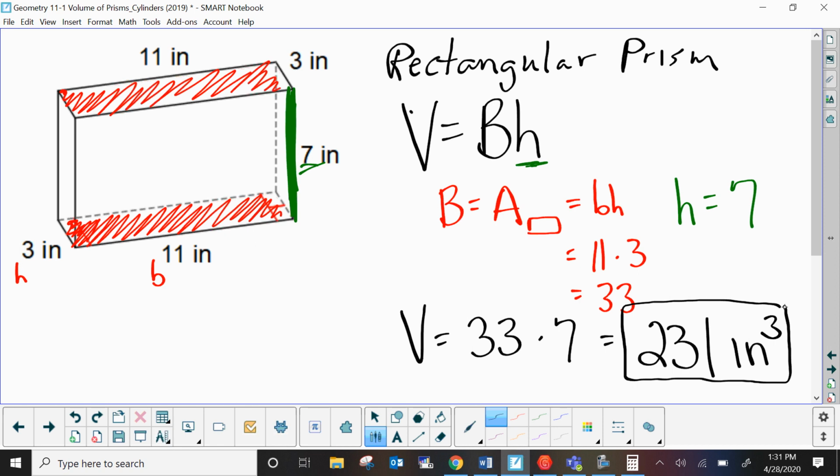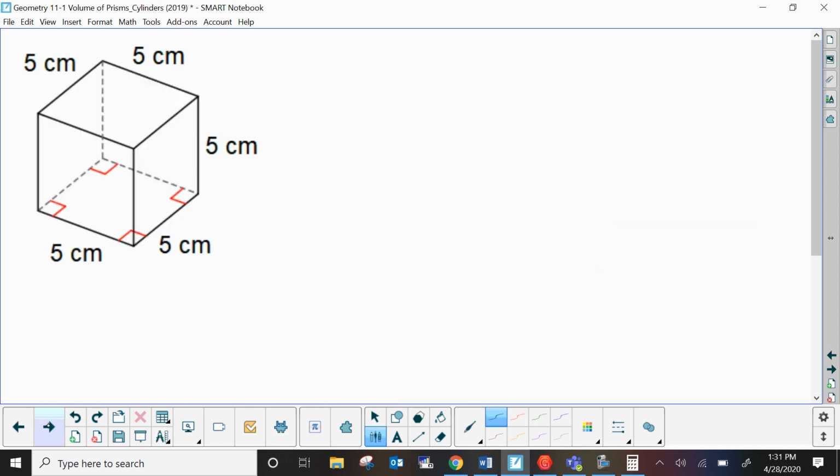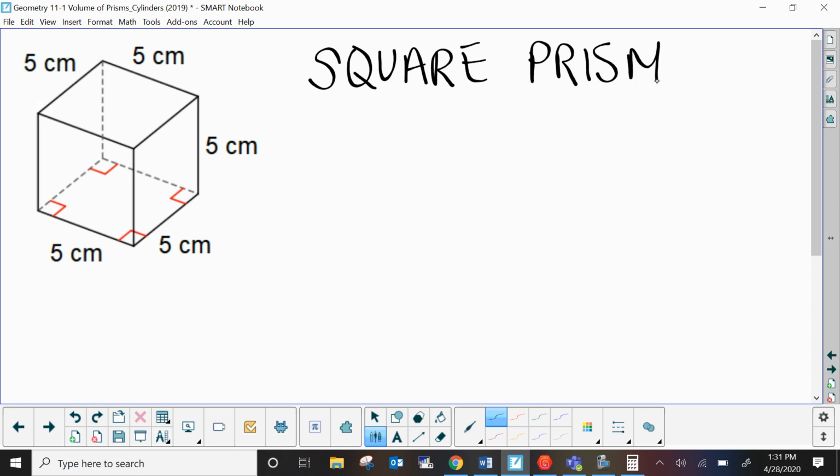All right, so we've done a triangular prism, we've done a rectangular prism, and of course the rectangular prism would be the same as a square prism, which is here. Okay, so volume is equal to capital B times H. The capital B represents the area of the base.